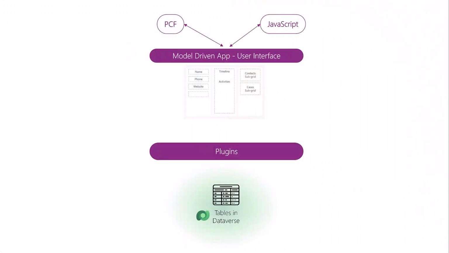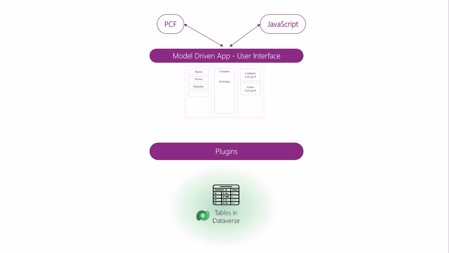So an example might be that you want to validate that some particular business rule hasn't been broken. You may have been doing that in the user interface. That's fine. You may have some JavaScript on your form, or a PCF doing that validation, or a business rule doing that validation.